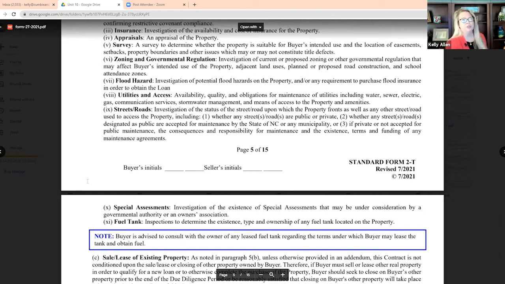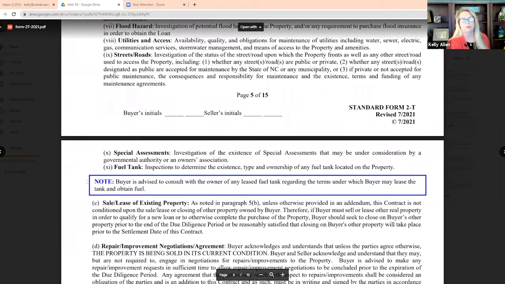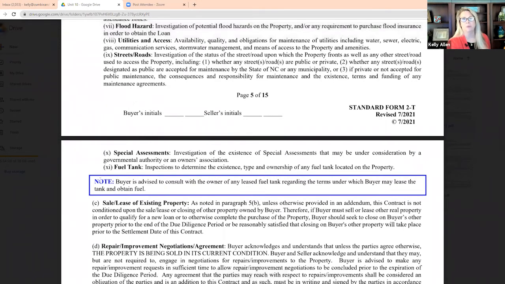They should verify whether or not the property is in a flood hazard area. Check on utilities and access. Check on roads. Are they publicly or privately maintained? And it says right here that you might want to double check that. If the claim is that the roads are publicly maintained, you may want to call North Carolina Department of Transportation. Additionally, your local municipality as well.